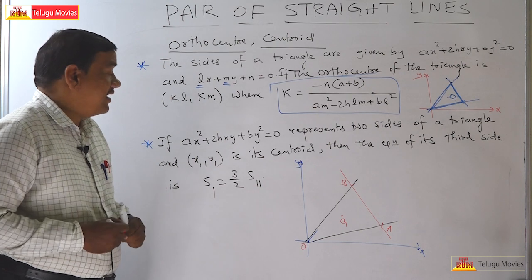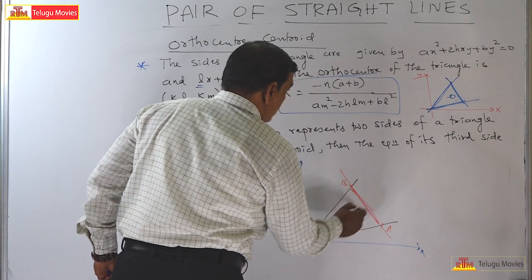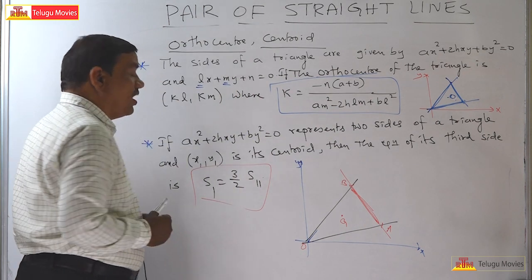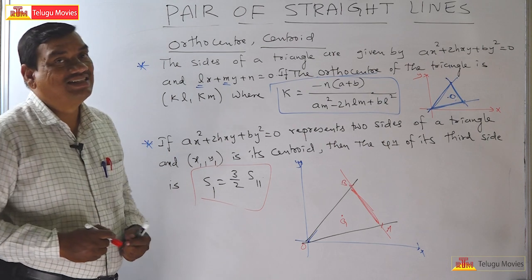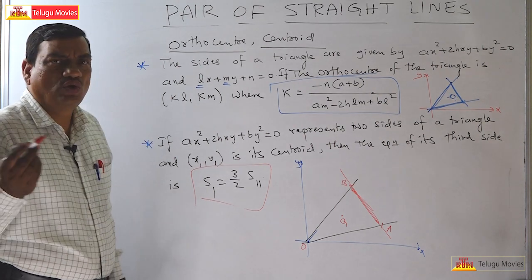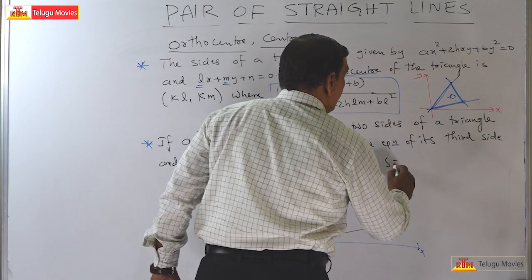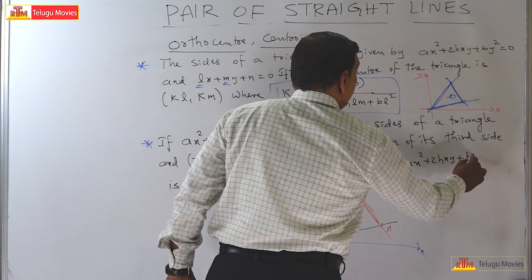Now the equation of the third side is given by the formula S1 is equal to 3 by 2 times S11. Here S1 and S11 are notations.